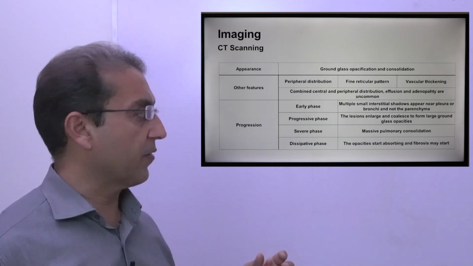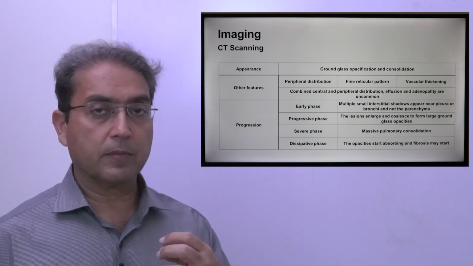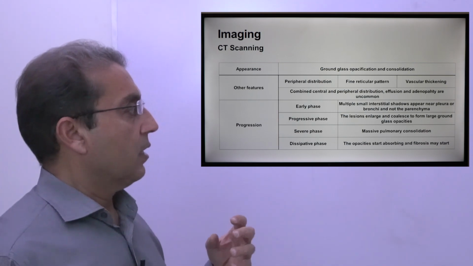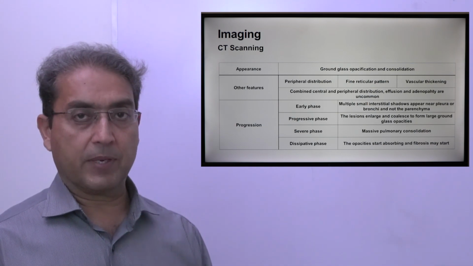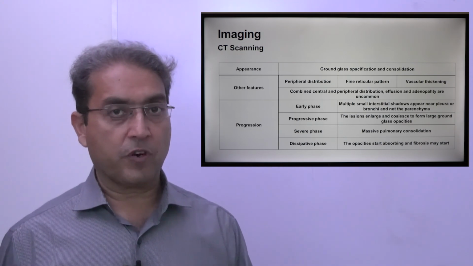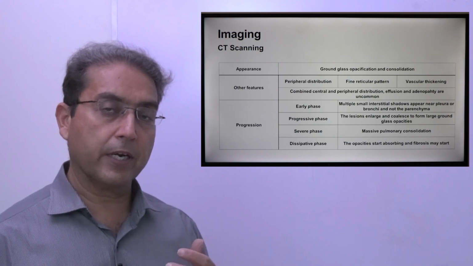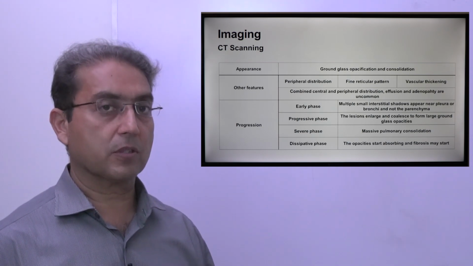And then there is a dissipative phase in which the exudates, or the shadows, or the opacities start absorbing, and they become less and less, and the patient may have the initiation of fibrosis at this stage. And you see, the radiological investigations always lag behind the clinical investigation.